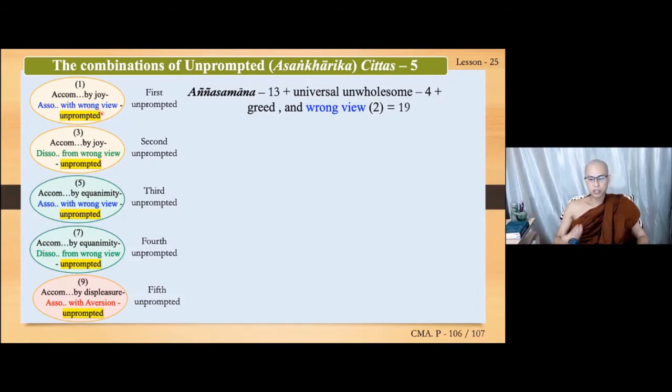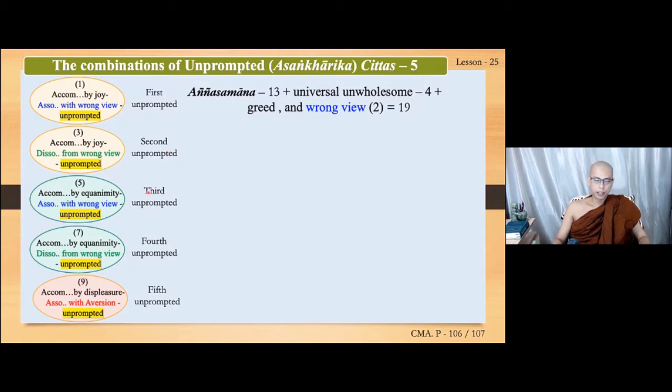And he is doing it in a very active way, so unprompted. At that moment, we can identify that the first unprompted consciousness is arising in his mind. So we can find the mental factors: 19 mental factors accompany that consciousness.